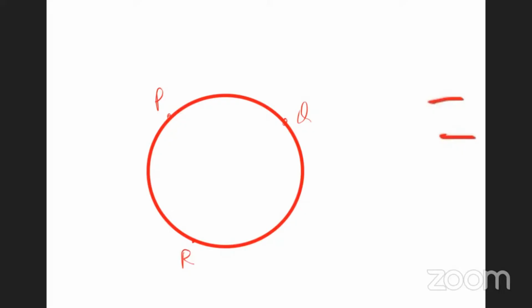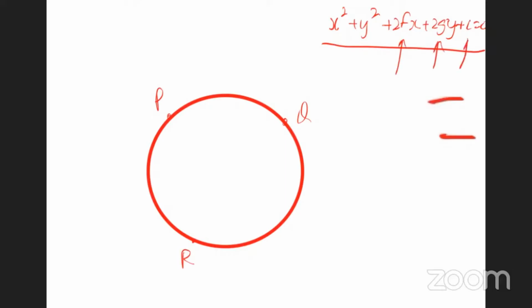Let's go with something a little bit long, but something we could probably do. We know the general form: x² + y² + 2fx + 2gy + c = 0. In order to get this equation, we need f, we need g, and we need c.